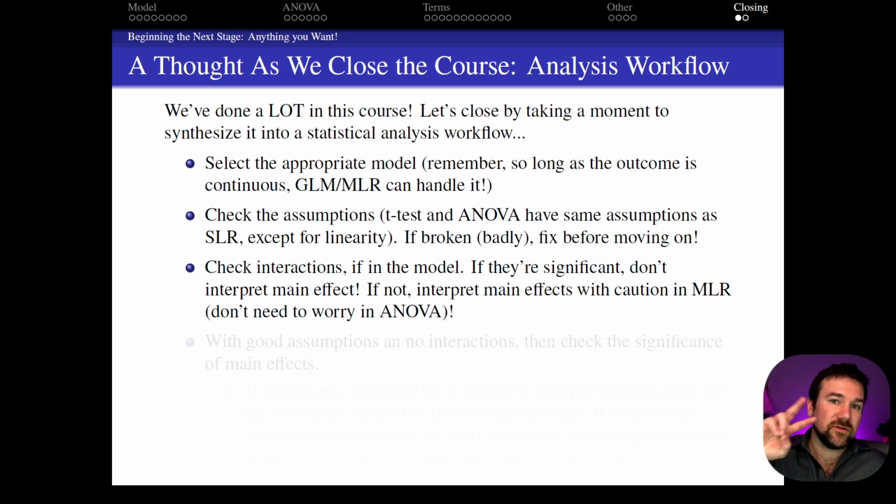Now, we talked about two different models that can handle multiple independent variables and thus handle interactions. One was the two-way or multi-way ANOVA, the factorial ANOVA. And in that case, if you don't have an interaction term, you can go on and interpret those main effects and not really worry about it. But if you're doing multiple linear regression, remember, if you have an interaction effect and it's not significant, you have to be careful when interpreting the main effects of the multiple linear regression, because now those are still interpreted at 0 for the other independent variable.